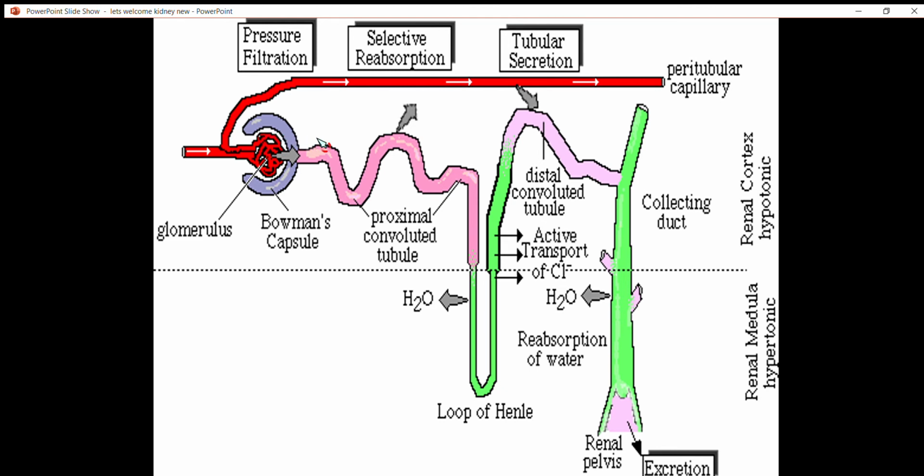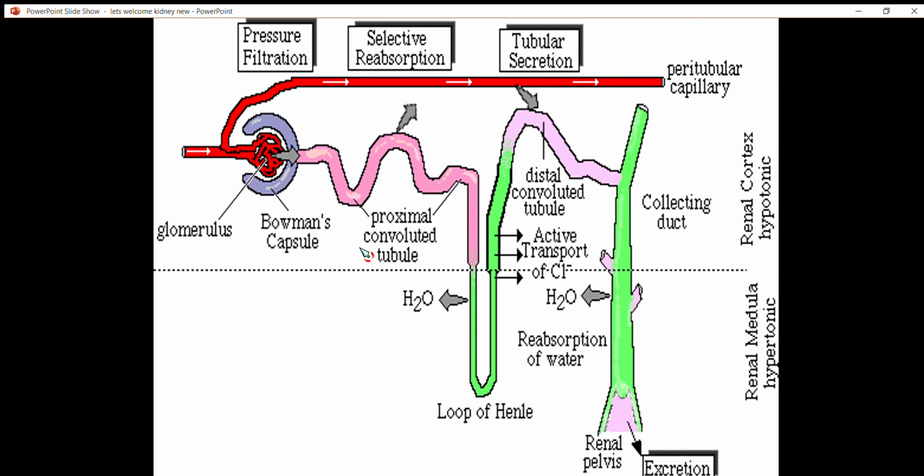And this arrow is showing that something is filtered out from this glomerulus into this area, and this pinkish one, this initial unit, is known as the proximal convoluted tubule. Proximal means near, and convoluted means having convolutions. Then we have got this greenish one. This is the loop of Henle, and you have to follow this dotted line also.